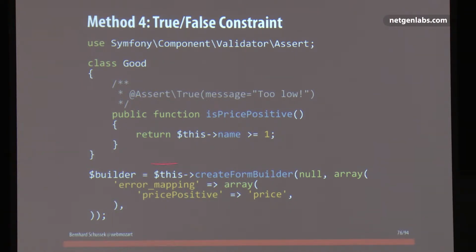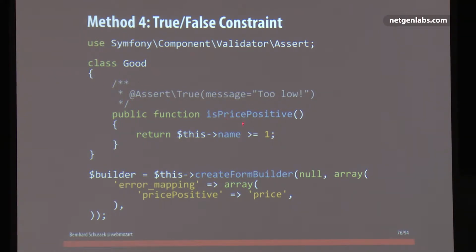The downside of this approach is that the validator component will always map errors to the fields that correspond to the getters. So the validator component strips the get in the beginning and then takes the rest of the getter as field names. For example, get name, then the field name is name.